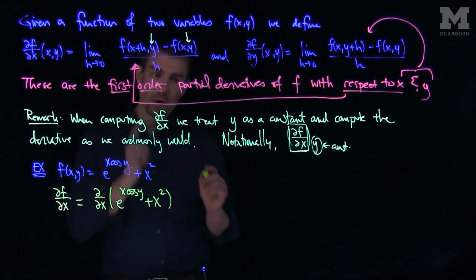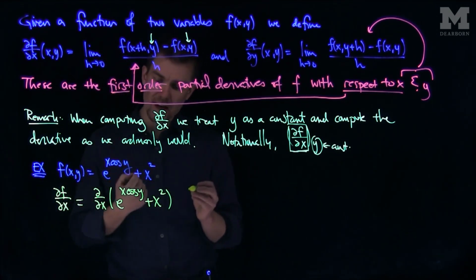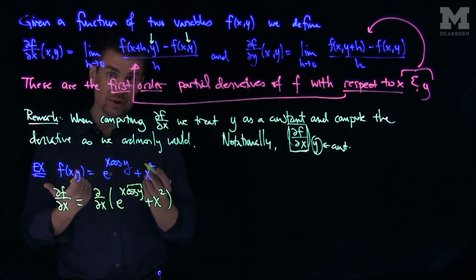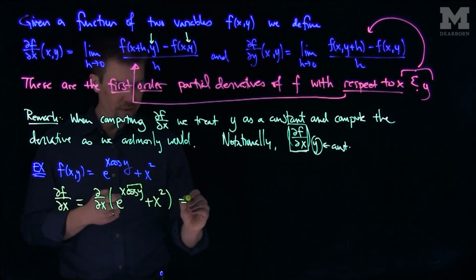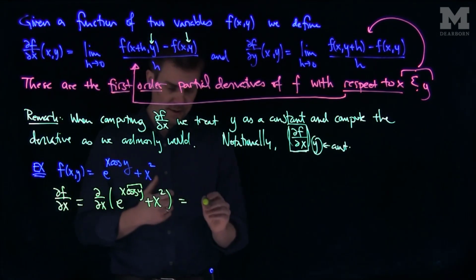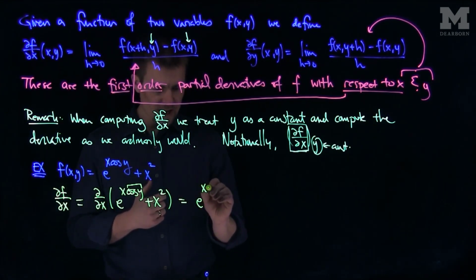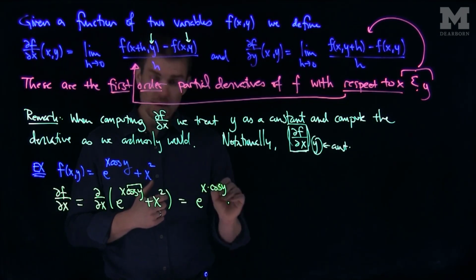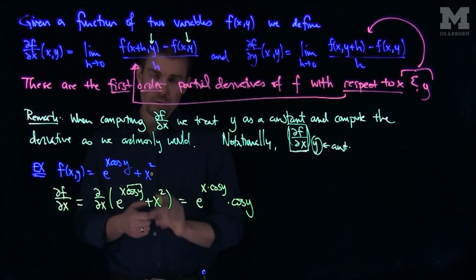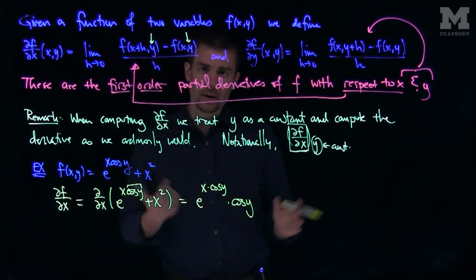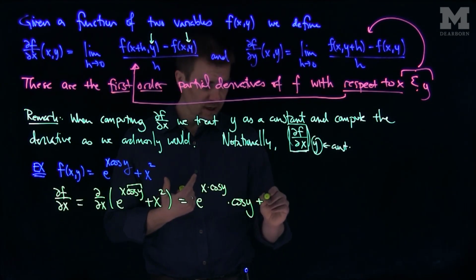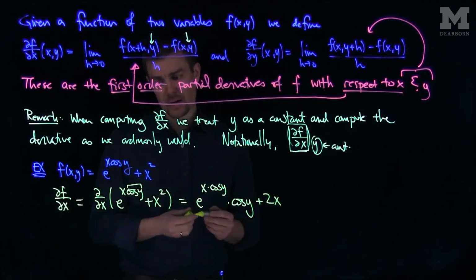When we're doing an x partial derivative, we treat y as a constant. So this cosine of y, that whole expression, is just a constant. We'll differentiate as we ordinarily would: e to the x times a constant has derivative e to the x times that constant. And then I have to do the derivative of x squared. There are no y's there, so the partial derivative of x squared with respect to x is just going to be 2x.